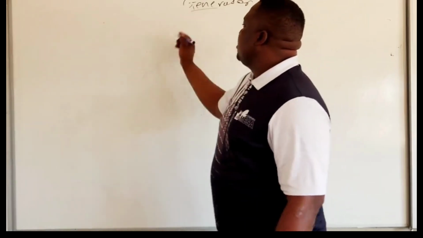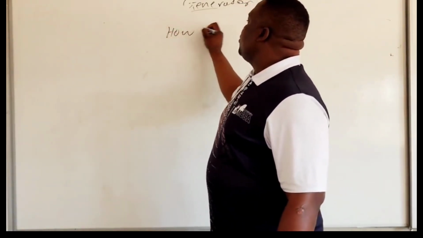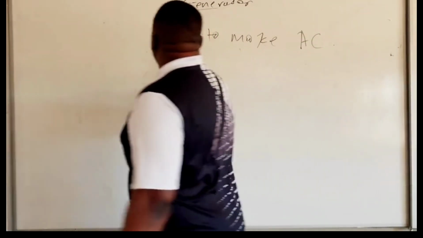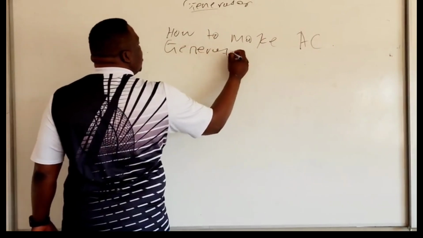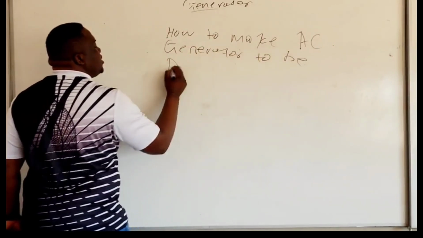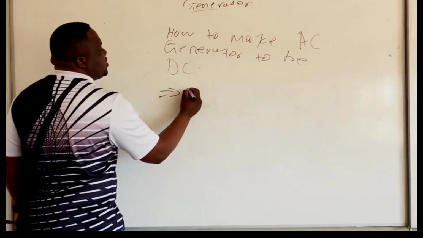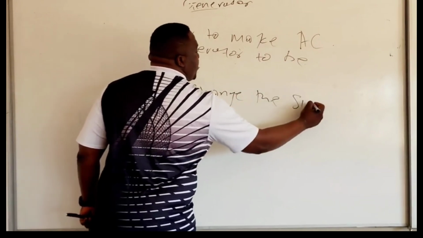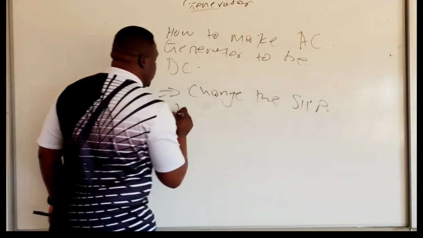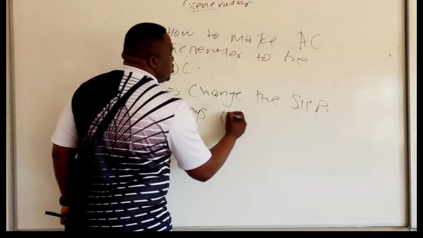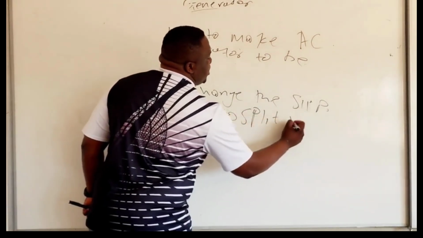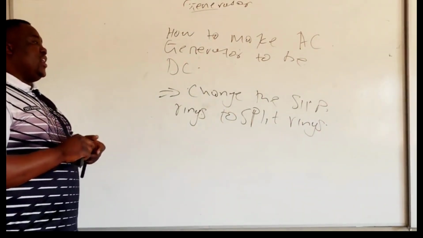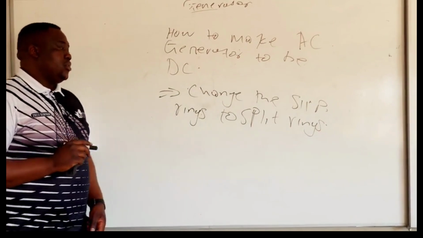Let me just write how to make an AC generator to be DC. The answer is you change the slip rings to split rings. So it is easy. If you want to make an AC into a DC, you change the slip ring to become the split rings.